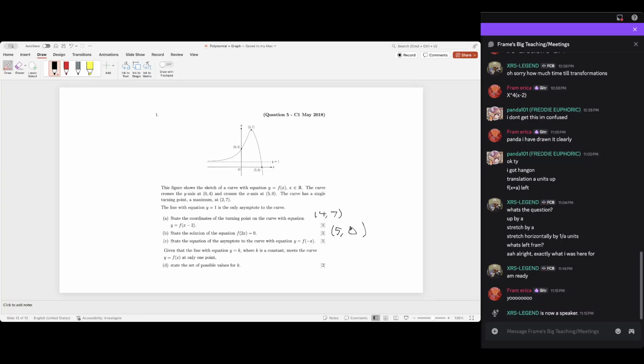And this one, the equation of the asymptote to the curve with equation f of minus x. So minus x, I think you just reflected in the y-axis, and thus y is equal to 1. And I believe you got the next one, state a set of possible values for k.